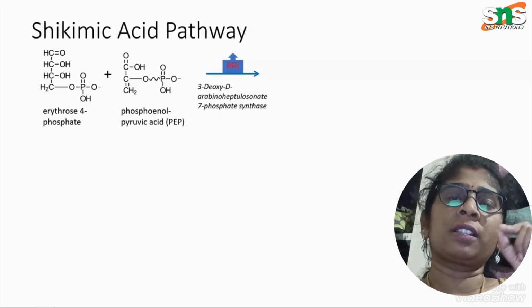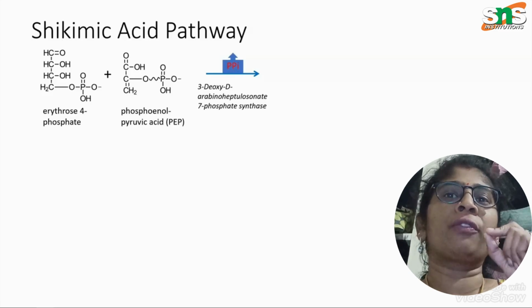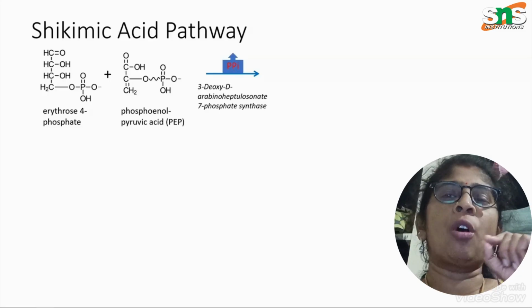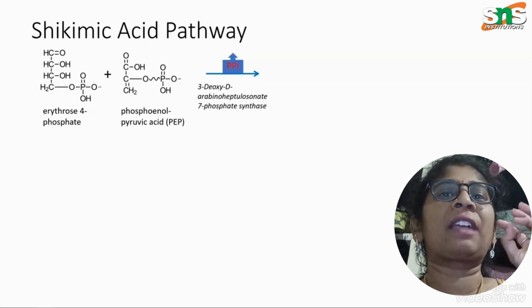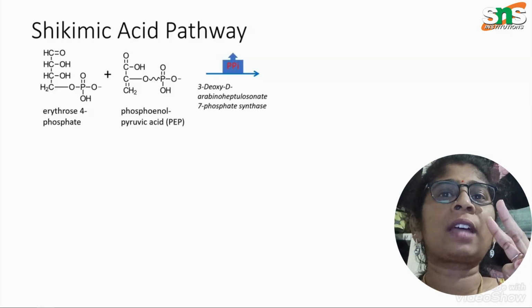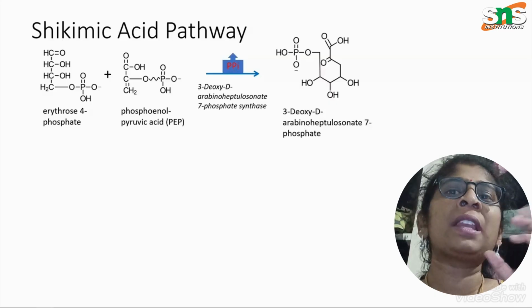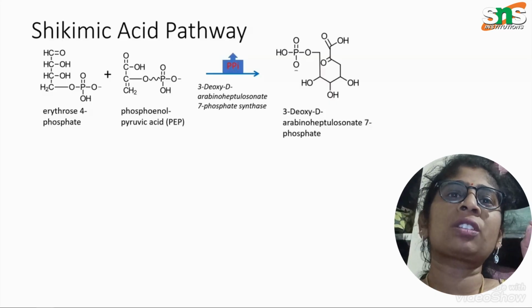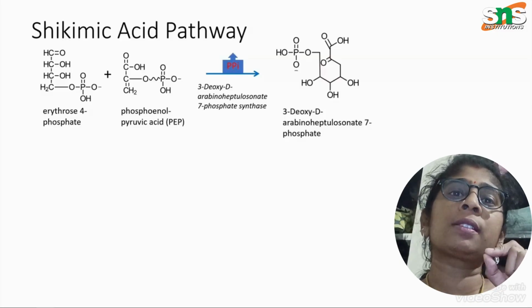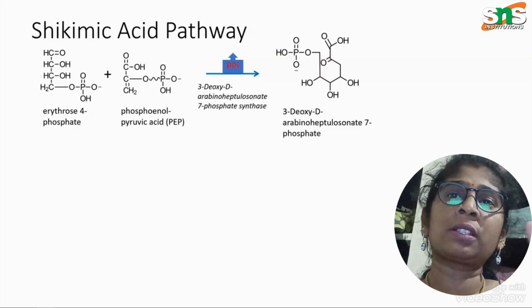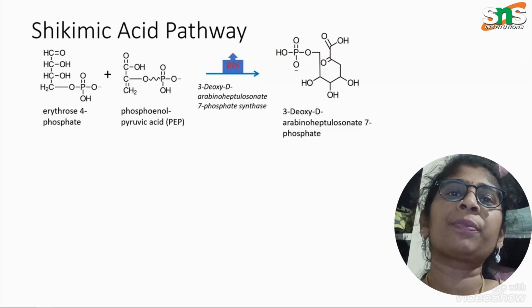This pathway is responsible for the biosynthesis of aromatic compounds, meaning compounds that contain benzene or phenolic rings, like phenylalanine, tyrosine, tryptophan, and many secondary metabolites such as flavonoids, alkaloids, and lignins. In short, the Shikimic pathway acts as a bridge between primary metabolism and secondary metabolism.